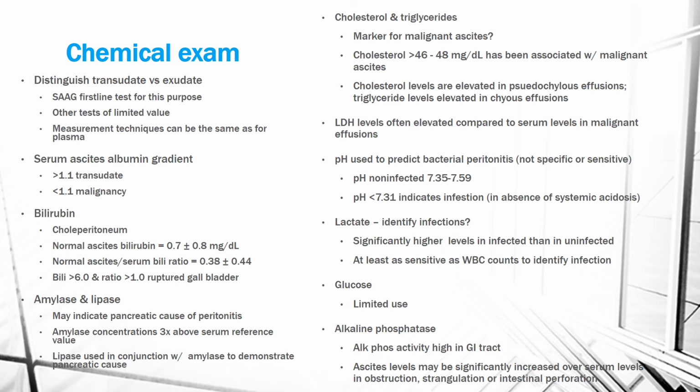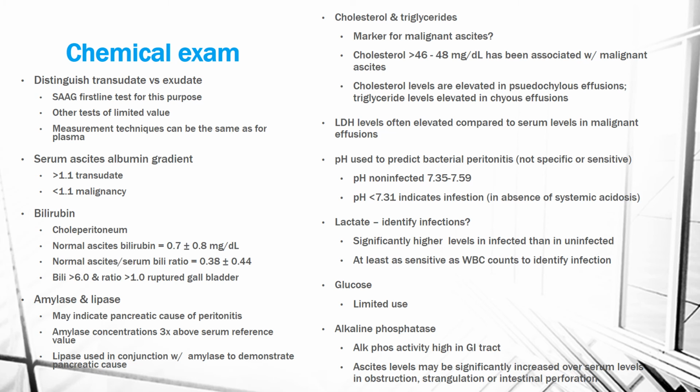And it's pretty simple. Normally, you should have less than 1 milligram, between 0.7 and 0.8 per deciliter in the peritoneum. And a normal ratio, if you compare it to the concurrent serum level, is somewhere between 0.38 and 0.44, okay?